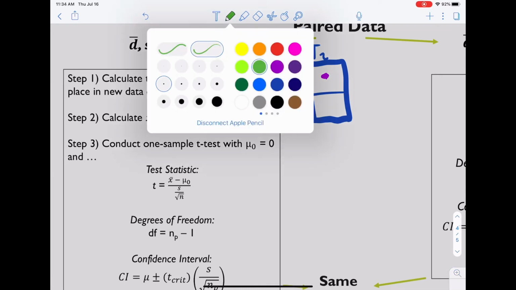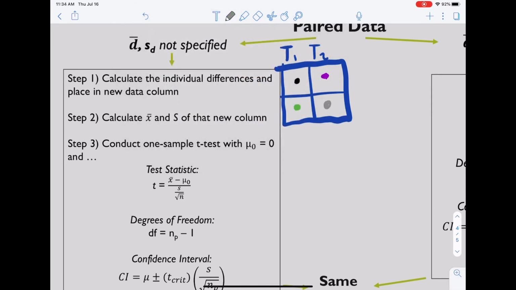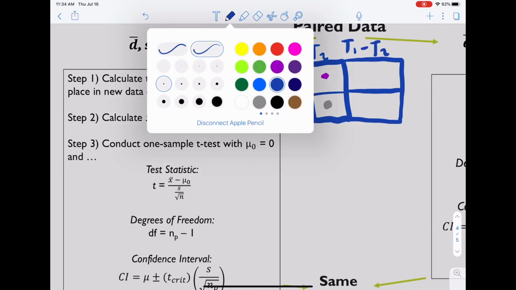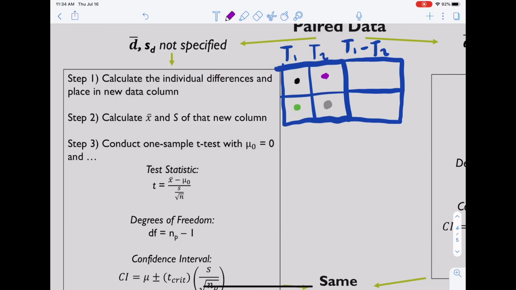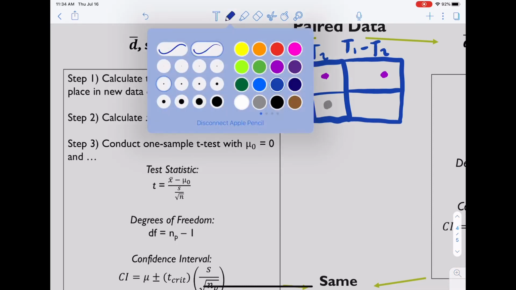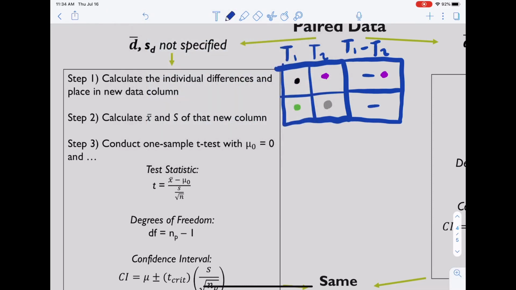I'm using these different colors to represent values. So what do I want to do? I need to calculate the individual differences. It looks something like this. I guess this is going to be T1 minus T2. The order does not really matter.